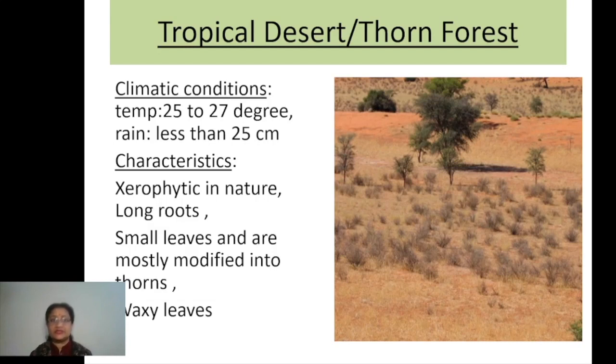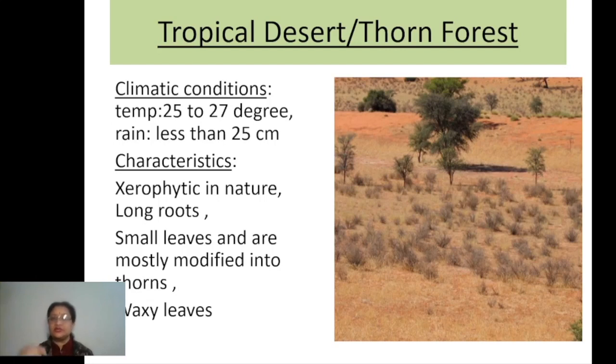To survive in such a harsh climatic condition, the plants and trees adapt to the surrounding atmospheric conditions. Number one adaptation is long roots. Most of the trees or plants that survive in such conditions will have long roots. What is the reason for that?